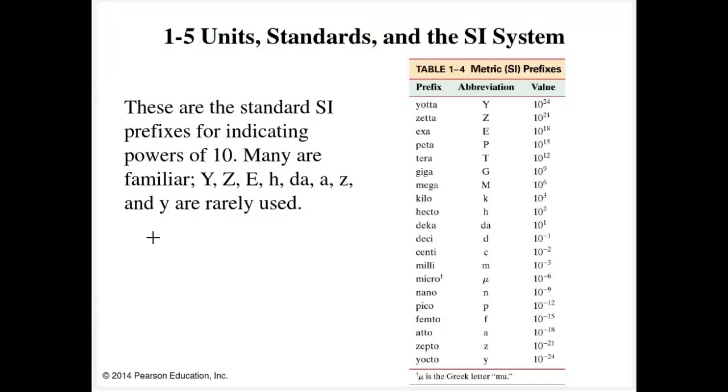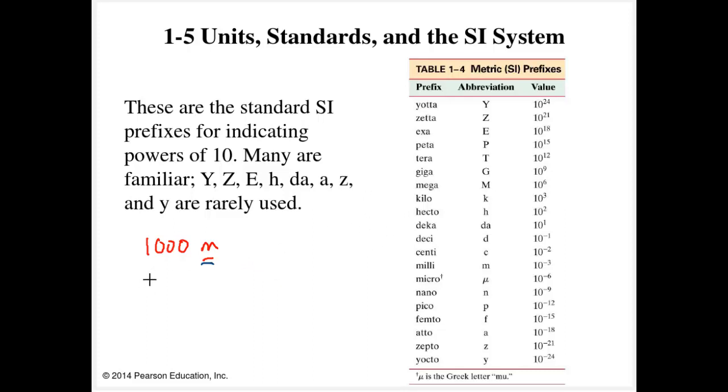Since things in the SI system are very often related by powers of 10, we use abbreviations on occasion. For example, suppose I have something that's going to be 1,000 meters. Well, writing 1,000 is kind of annoying sometimes. So I can put a prefix on my unit, where my unit is going to be meters, and I'm going to write that using something a little bit easier to write.